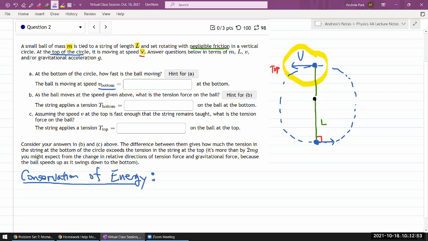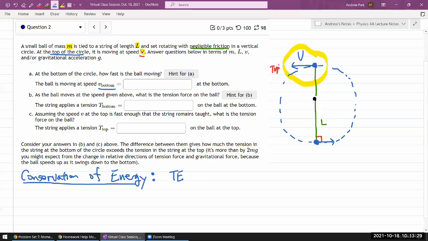Since we are convinced that total mechanical energy is conserved in this setup, we can say that the total mechanical energy in one, so this is the place where you have to identify useful snapshots. The way conservation laws are useful is it lets you take two different points in a physical setup and say that some physical quantity at those two points is the same despite all the interactions and processes that have taken place.